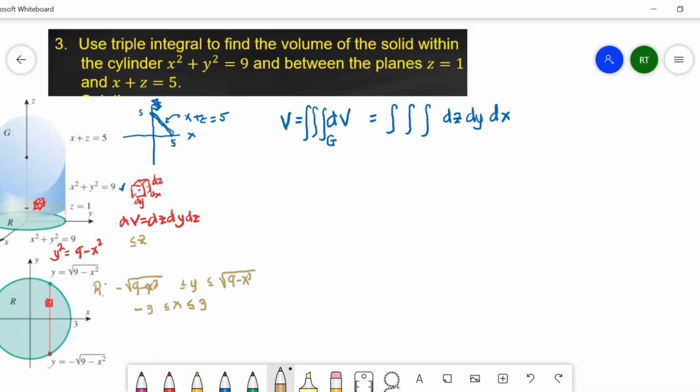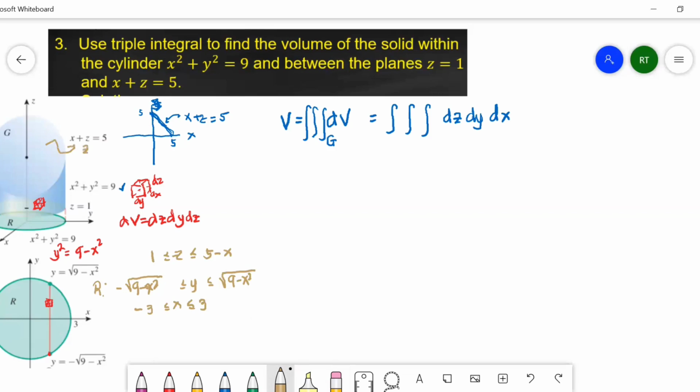Take note that the solid is bounded by z equal to 1 and, sorry, this should be z equal to 5 minus x.